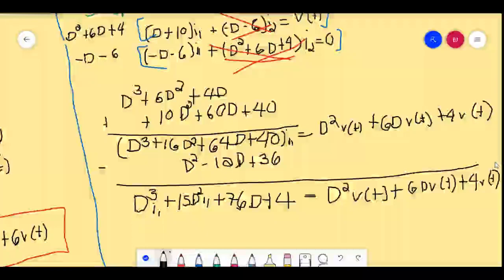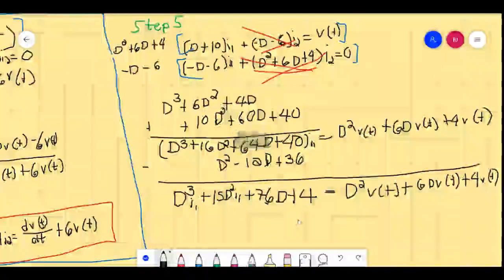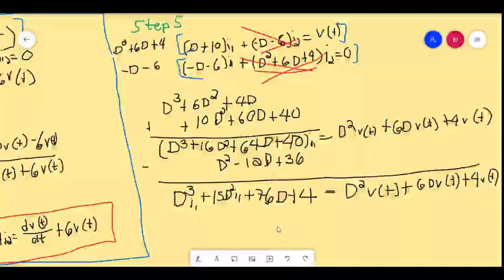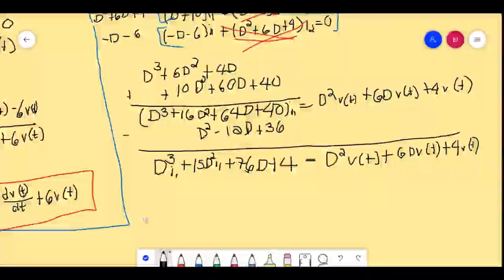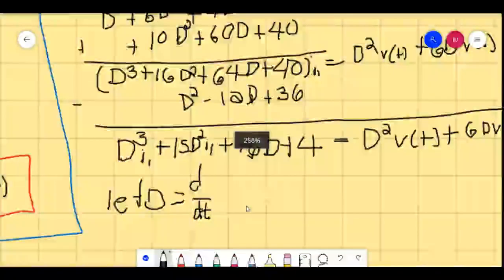So if at least one term doesn't have that single coefficient, we won't be able to do that. So we stay as is. Then that will be the time that we put d into d over dt already.